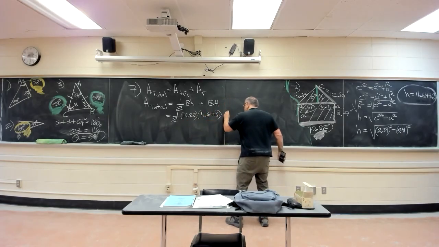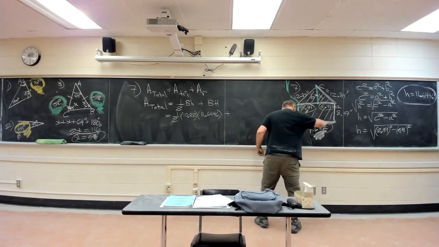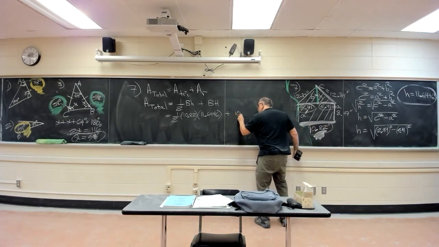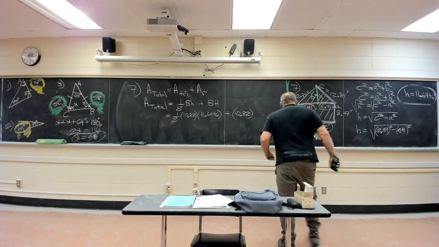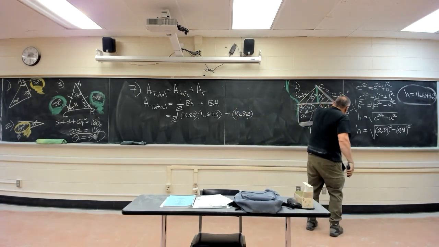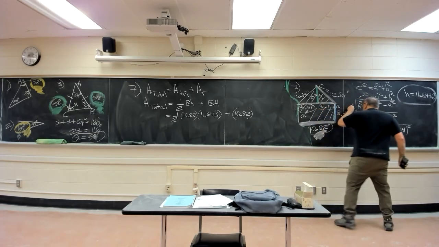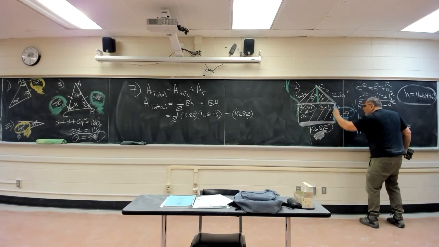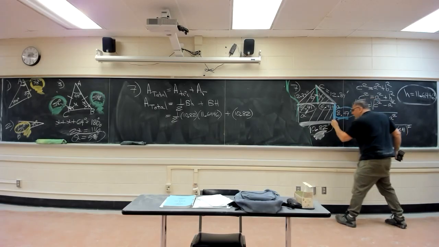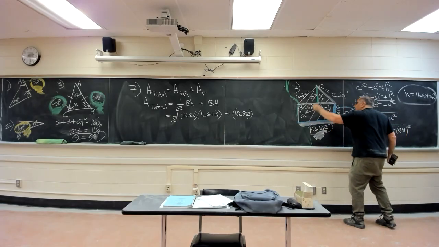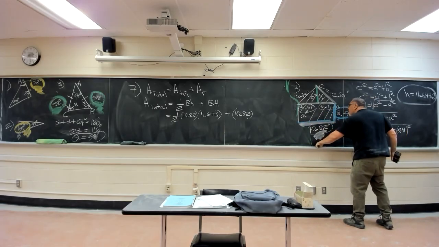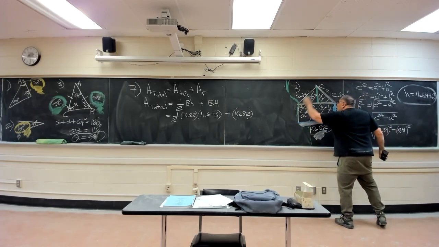We got that. The other one is the same base. The height is different here. The height is this guy, which is where we're getting this. So that's the height for that one, and this is the base for that one. It's the same base, but the height is different for that one.